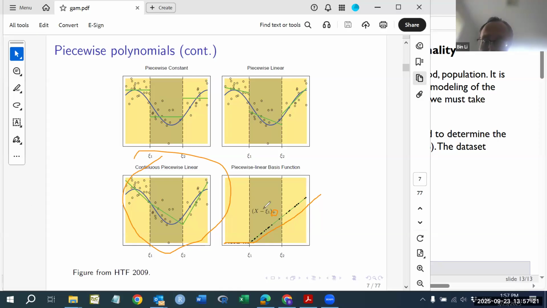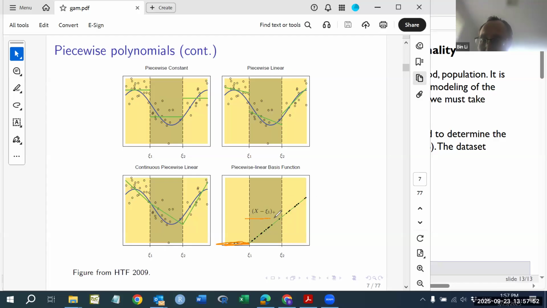That means if x is less than C1, then x minus C1 is negative. But this only records the positive part. If it's below zero, it's always zero. So it's a constant zero when x is below C1. But when x goes beyond C1, it will just show its own value.